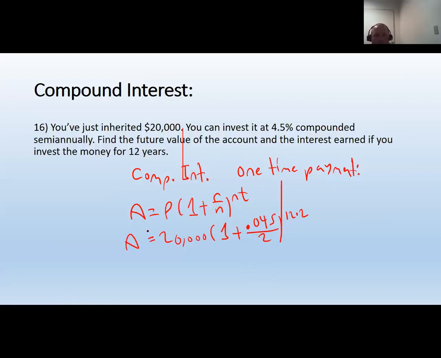We just have to put all this into the calculator. We don't need the reciprocal button because it's all on the same side. So if we put all this in the calculator, we end up with $34,115.33. And that would be your future value A.